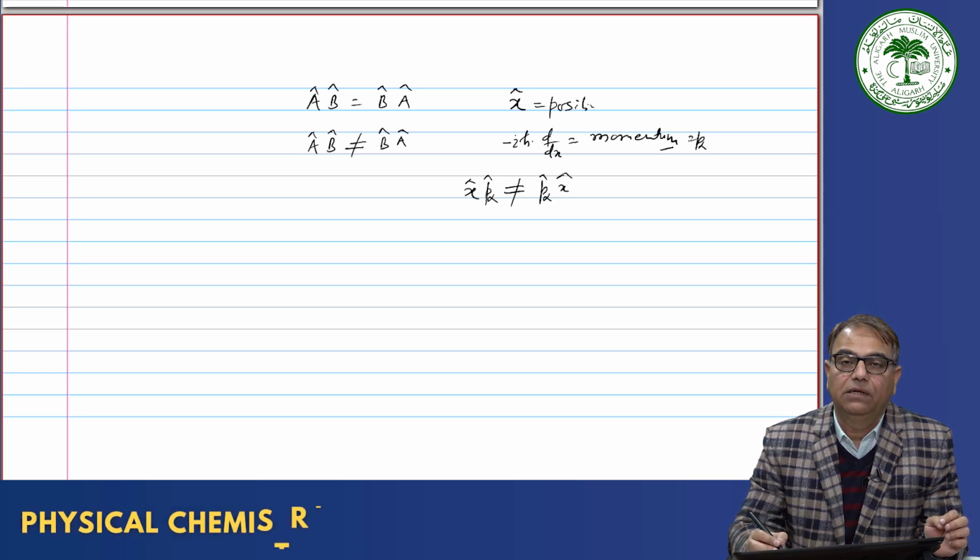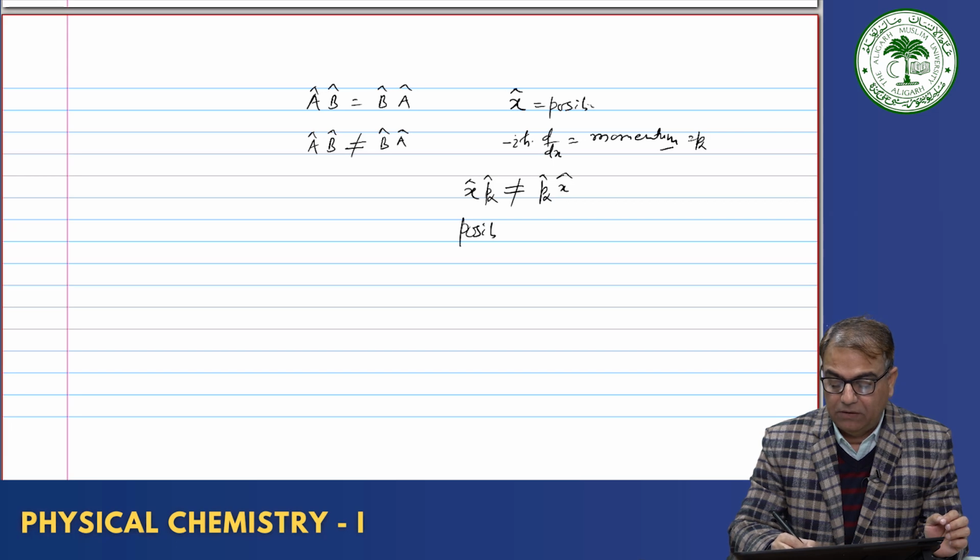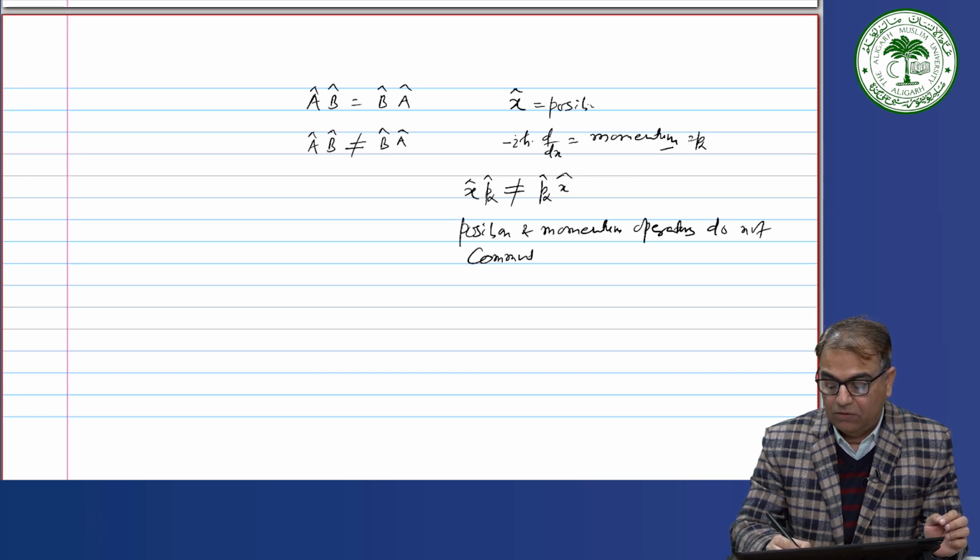So we say these two, position and momentum operators, do not commute with each other.